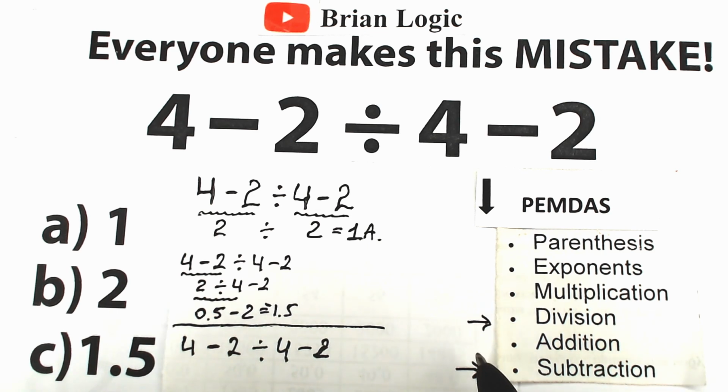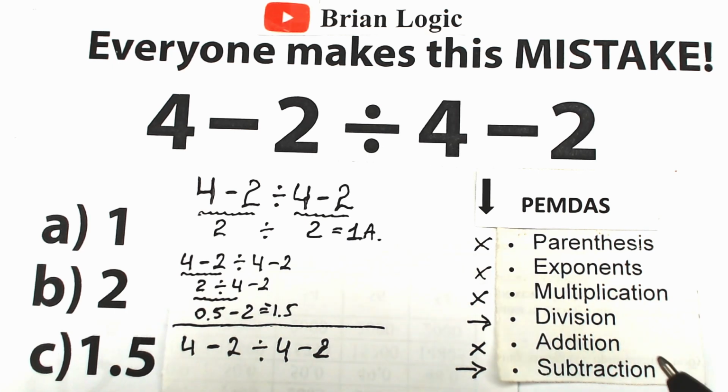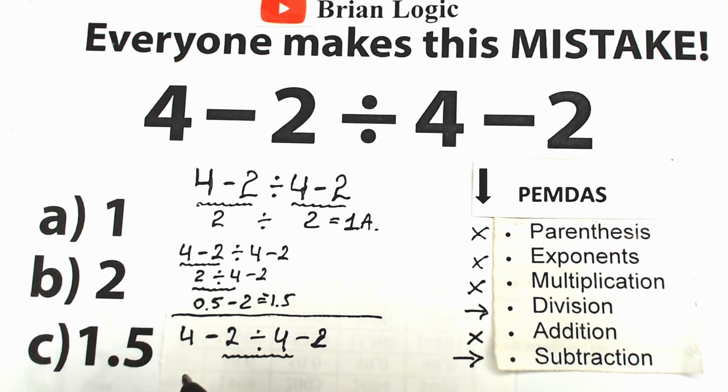We don't have addition, multiplication, exponents or parentheses. We don't have any of those steps. Now let's look closely at which element has the higher priority, division or subtraction. Of course division has the higher priority than subtraction, so we should divide this expression in the middle first. This is a really important moment, because it changes everything.